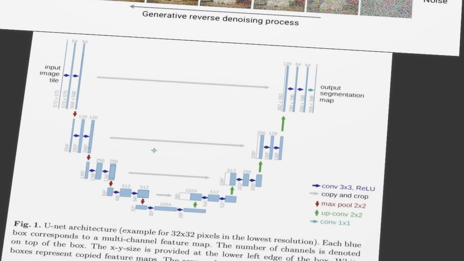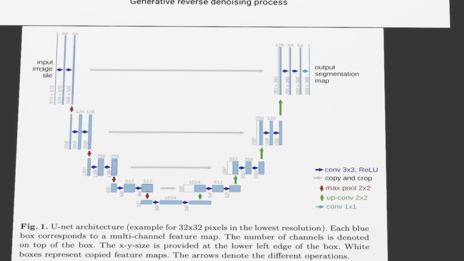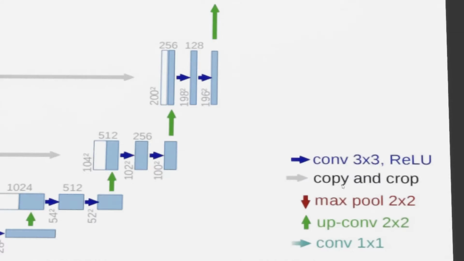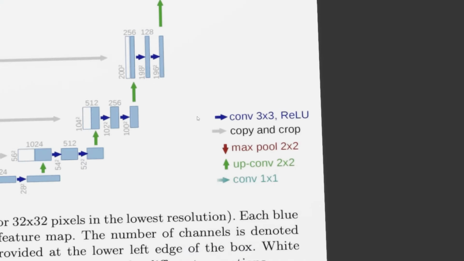This is a very schematic view of the Unet, and you can see it has an input image, and after doing some processing on the image, it can make some output. These are the names of the processing.